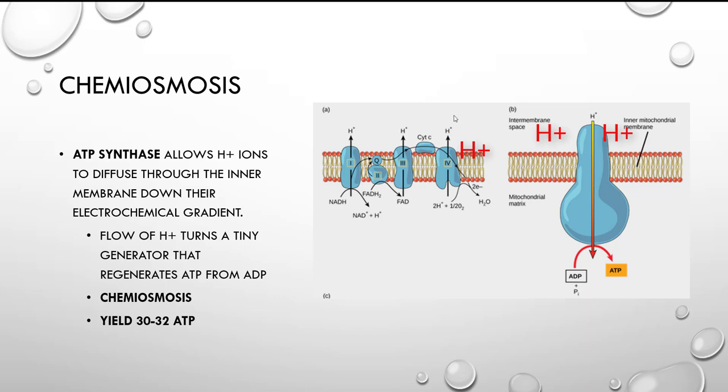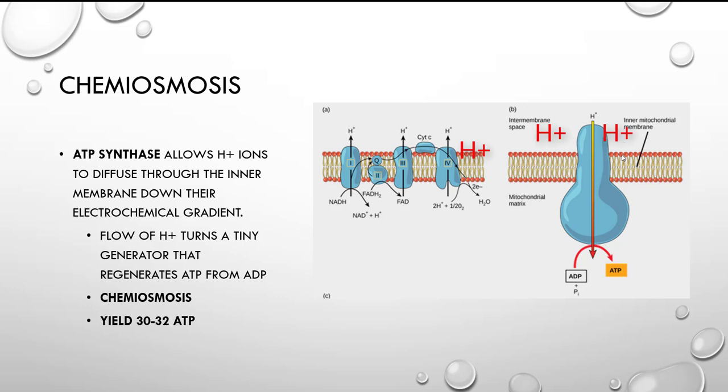So once we have all of these protons on this side of the membrane, we're going to end up with this enzyme being activated. This is a special enzyme which we call ATP synthase. And remember, anything that ends in -ase is some sort of enzyme.